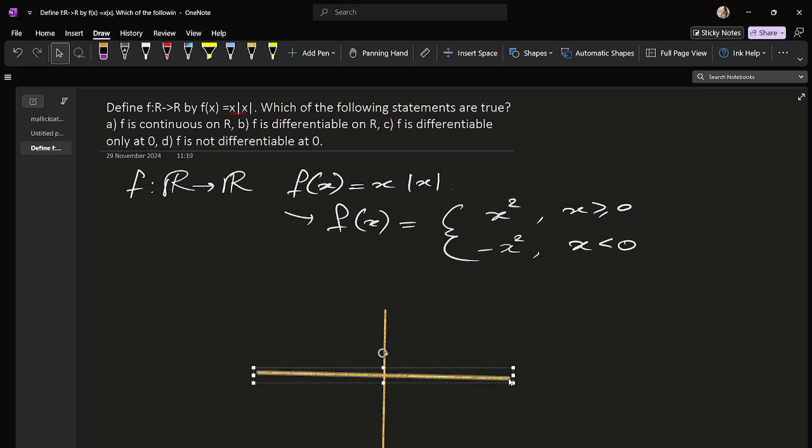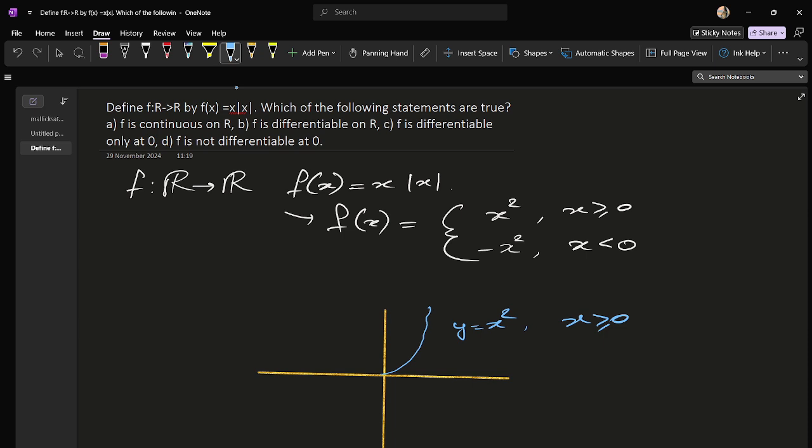So what will be my x square part? Our y is equal to x square, that means the x greater than or equal to 0 part is this.